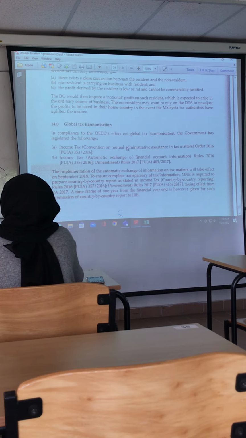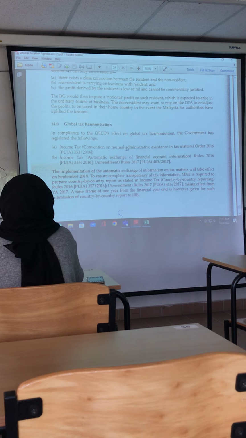Alright, global tax harmonization. Right, in compliance with the OECD effort on global tax harmonization, the government has legislated the following: Income Tax Convention on Mutual Administrative Assistance in Tax Matters Order 2016, and Income Tax Automatic Exchange of Financial Account Information.